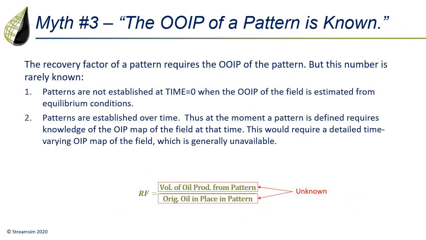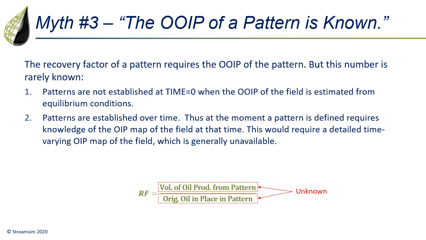Myth number 3 is that the original oil in place of a fixed pattern is known. The recovery factor of a pattern requires the OOIP of a pattern, but this number is rarely known. 1, patterns are not established at time equals 0 when the original oil in place map of the field is estimated possibly from an equilibrium condition calculation.